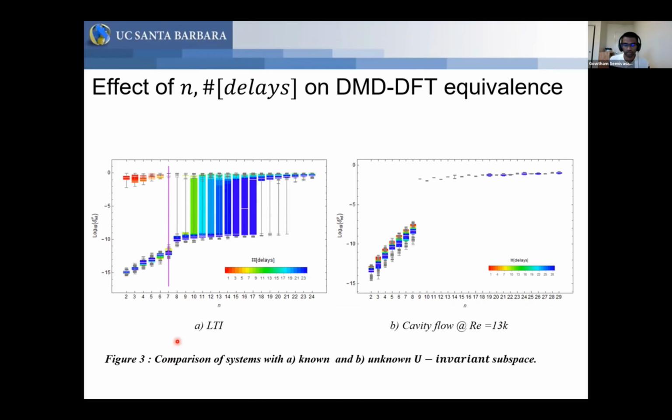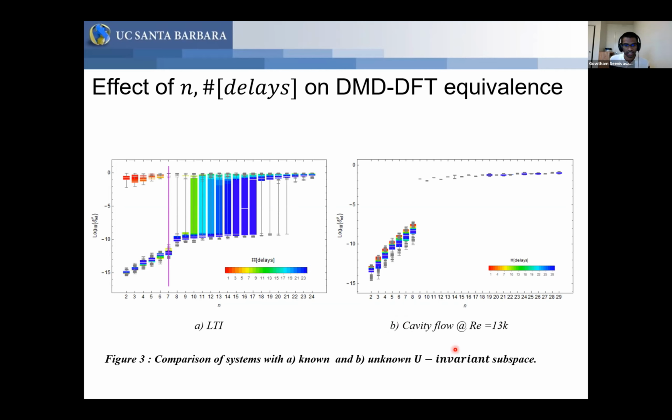So our theorems work for the first case, and here r is supposed to be 7. So when n is less than 7 and you take enough time delays, you're supposed to have a low value, and beyond that you're supposed to have something large. And you do see something along those lines for number of delays more than 7. So that kind of jives with what was theoretically shown.